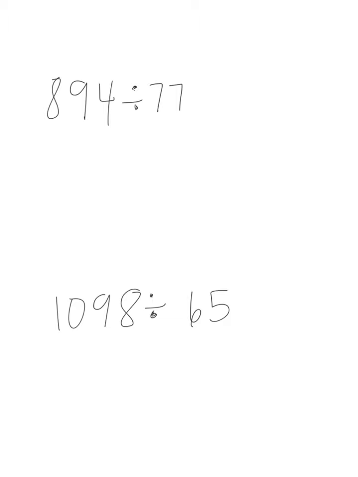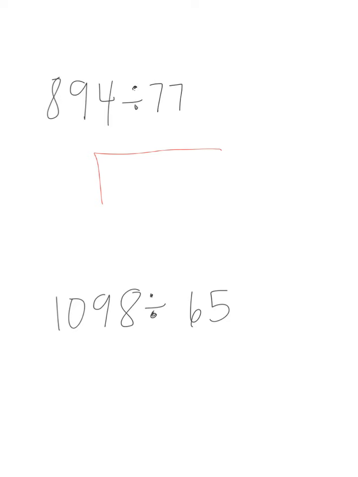All right, just one last thing I want to go through here. Sometimes you may see the problem written like this. It's telling you 894 divided by 77. And I think some people get tripped up on what number goes where. All right, so we're going to draw our box here. We need to figure out what number are we dividing and what number are we dividing it by. So when I read this, I read it 894 divided by 77.